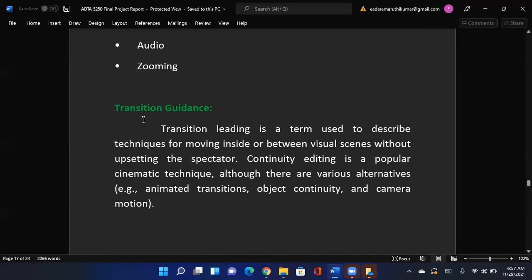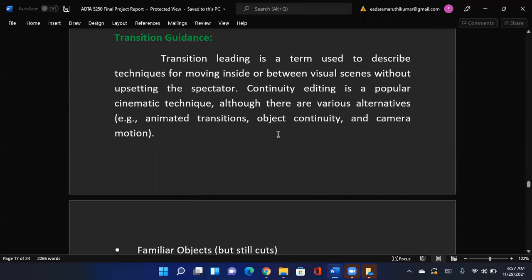After that, we have audio, zooming, and character direction. After that we use transition guidance. Transition guidance is a term used to describe techniques for moving between visual scenes without upsetting the spectator. Continuity editing is a popular cinematic technique, although there are various alternatives, such as object continuity and camera motion.